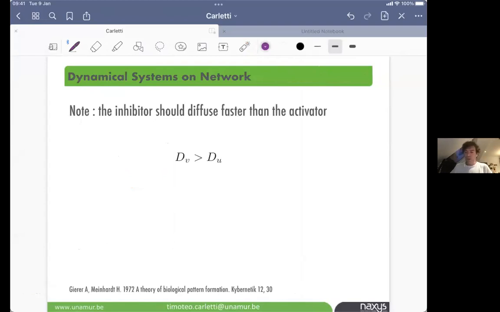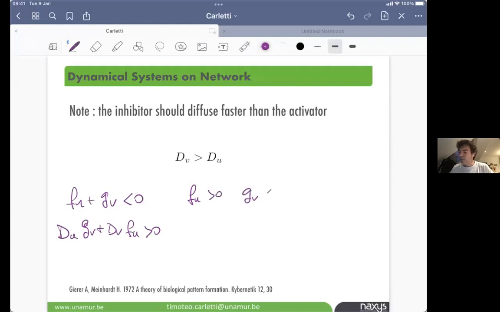This implies also, and I had some small computation, but it's quite straightforward. If you take again the two conditions, FU plus GV negative, so this is the trace, and the other condition is DU GV plus DV FU positive. These are the two conditions that I just wrote before, and I assume that FU is positive and GV is negative. So let me do a bit of algebra.